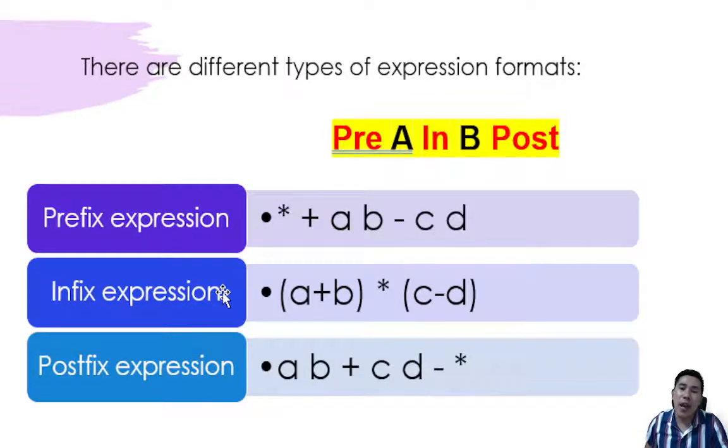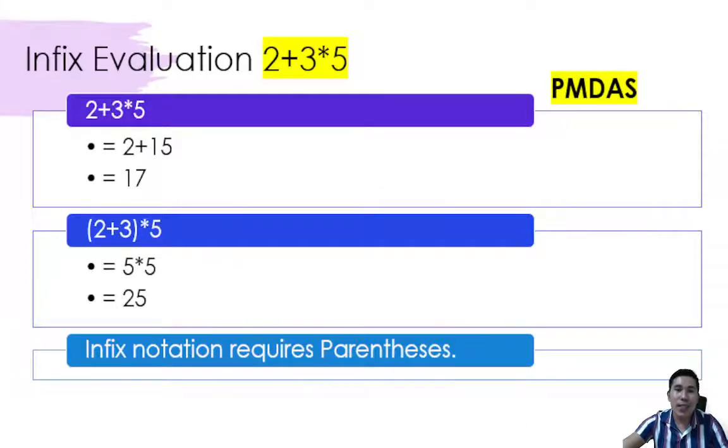So you have here AB plus CD minus multiplication. So the terms prefix, infix, and postfix tell us whether the operators go before, in between, or after the operands.